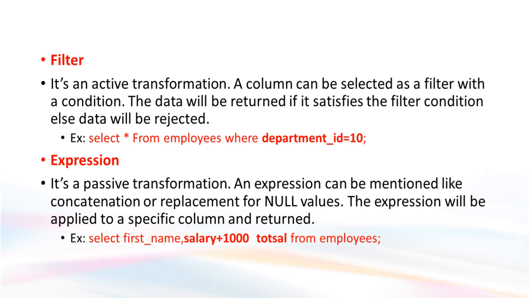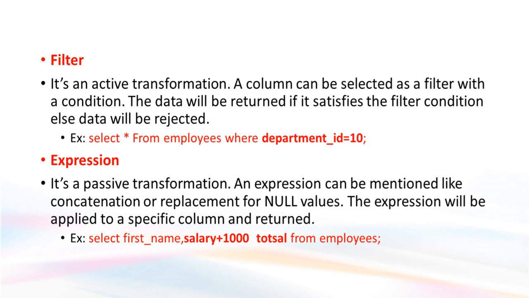For example, if I write a query like this: select star from employees table where department ID equal to 10. Suppose the table has 100 records, but this query will filter the records based upon the department ID. If I execute this query, it will give you only the few records where the condition is satisfied, like department ID equal to 10.